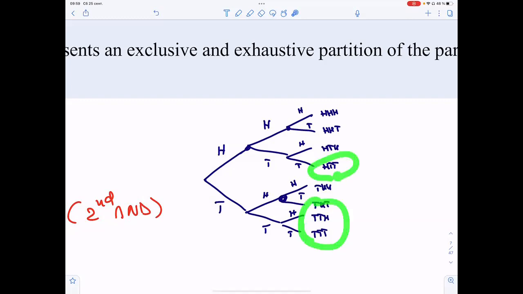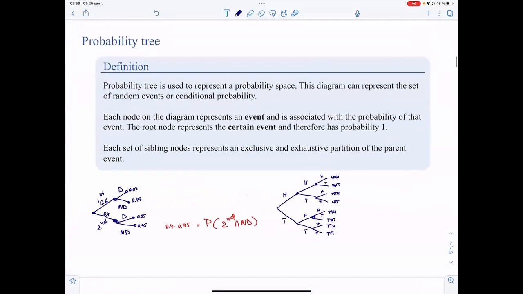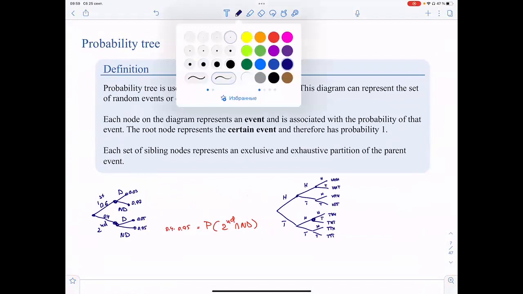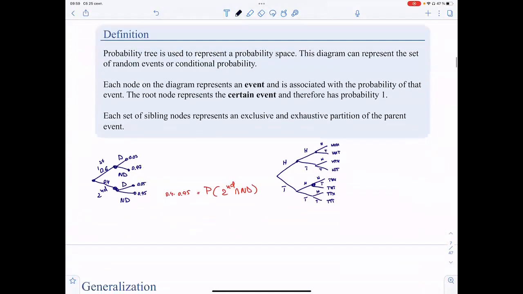So then you evaluate these probabilities and you sum them because they are independent, because they are outcomes of the same experiment. All right. So just to recap, this is a nice way to visualize a problem, and that's it. All right, let's move on.